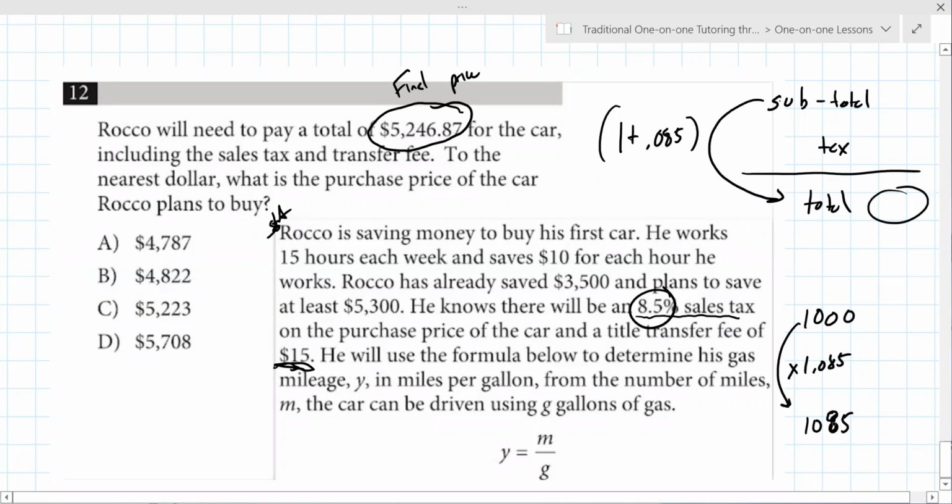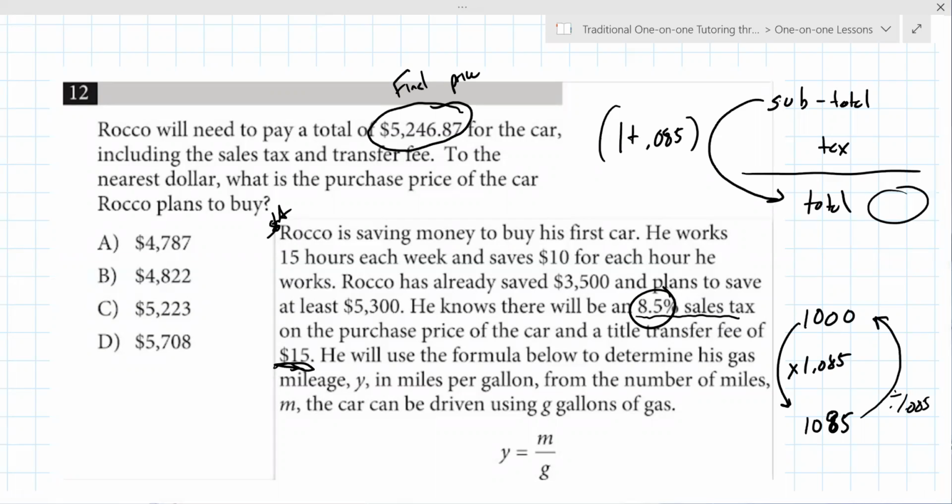Do you have a calculator handy? I do. Okay. To go the other way, you divide by 1.085. So I want you to do that for me: 1,085 divided by 1.085. I got 1,000. Perfect. So they're giving you the final price and the sales tax.